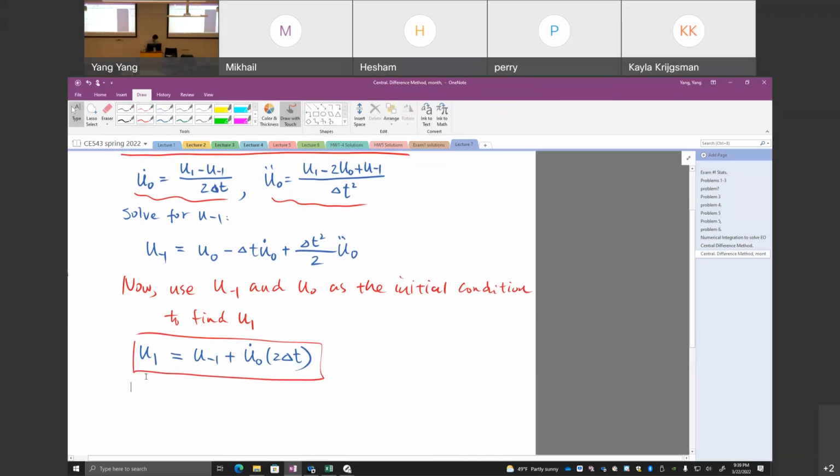And this method is conditionally stable.